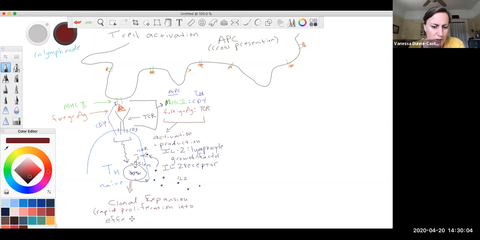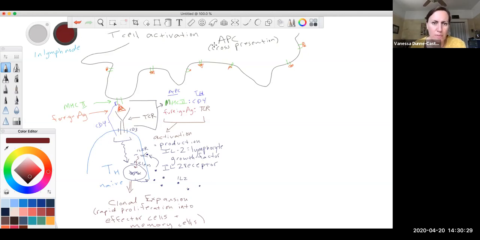The effector cells are the ones that actually go out and do the business. And the memory cells are the ones that hang out for a long period of time. So clonal expansion is the rapid proliferation of this guy into these effector cells, which go and do something, and into memory cells, which hang out for a long period of time.